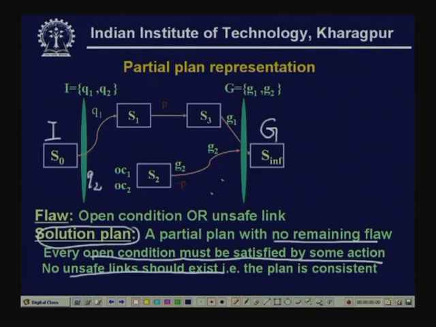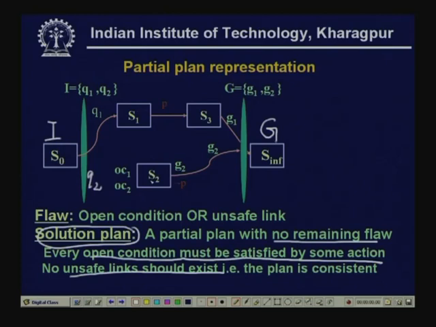Now, this is a partial plan where the open condition G1 is achieved by S3. So, S3 achieves G1 for S-inf, and let us say S1 achieves P for S3, and S0 achieves Q1 for S1.